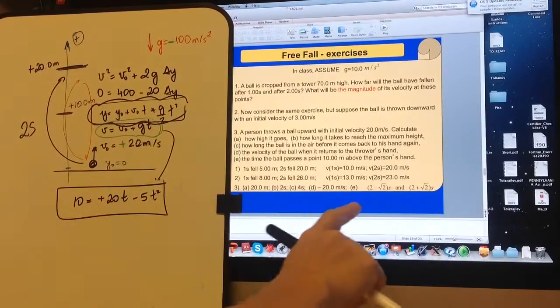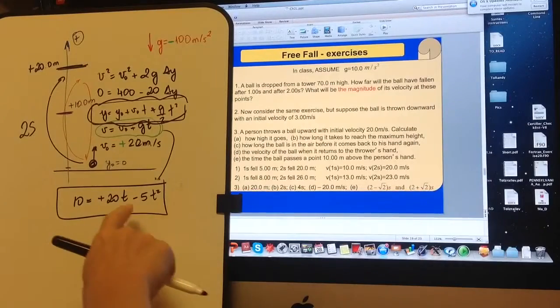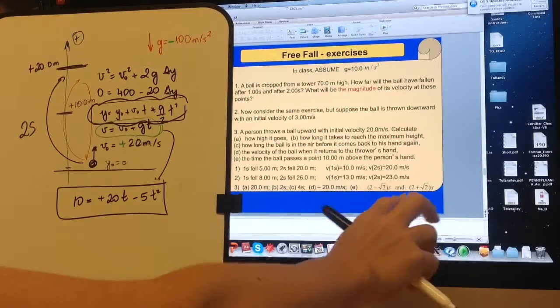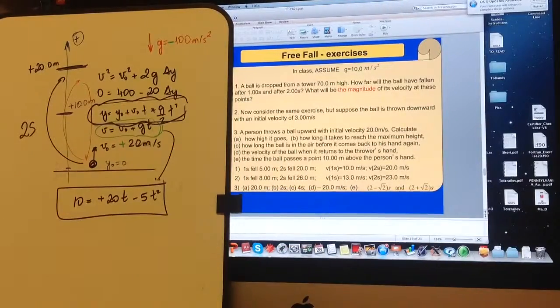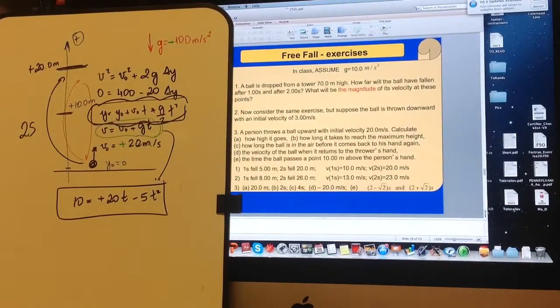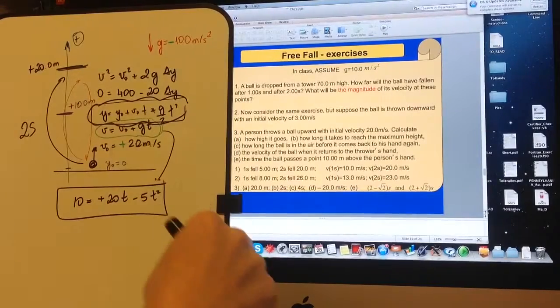If you solve this equation, you're going to get 2 answers. This is a quadratic equation, so you get 2 answers, which are written here. You can use your calculator to get the value of that square root. What does it mean to have 2 answers? Two times, and both times are positive, so 2 meaningful results.